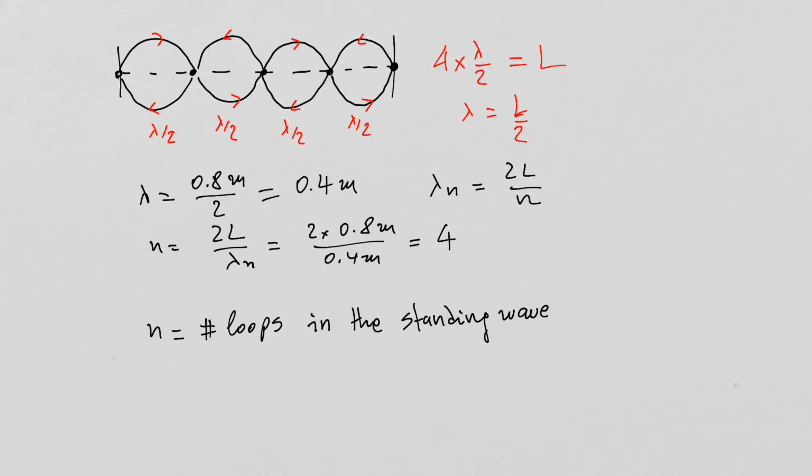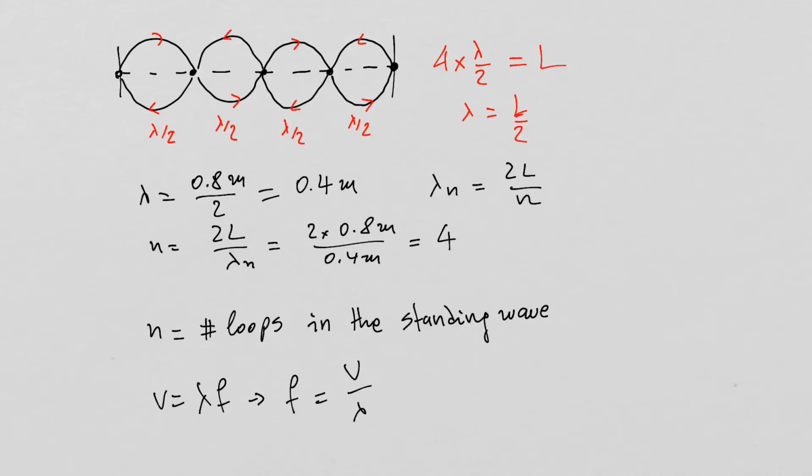To figure out the frequency of the wave, I will use the relationship between the speed of the wave, the wavelength, and the frequency. So v is equal to lambda f, and from here f is equal to v divided by lambda.